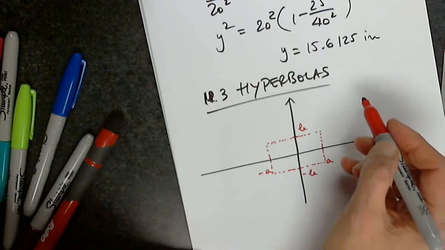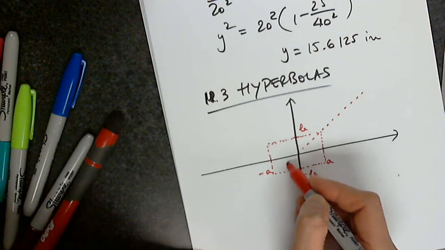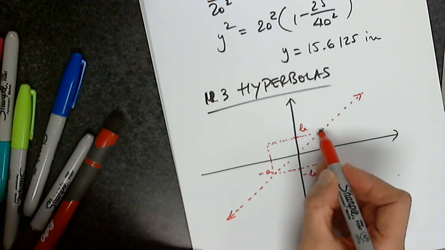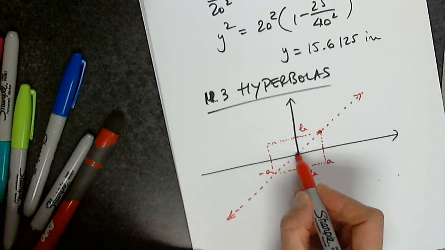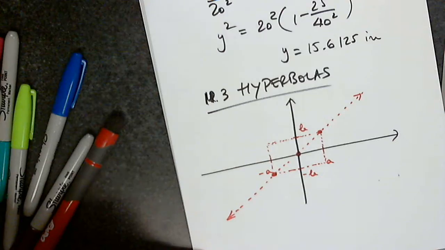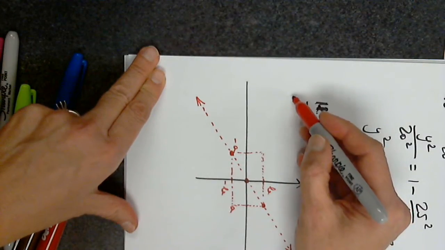Next step, we will draw lines, 2 lines going through this corner, the center, and this corner. Identical on the other side.